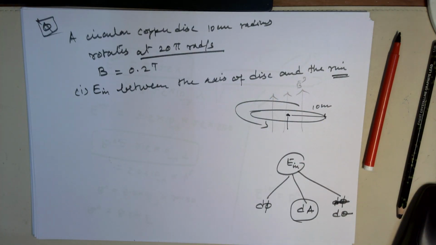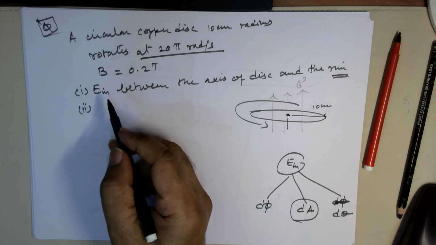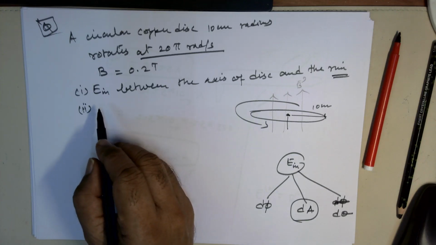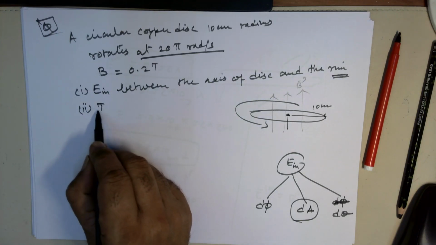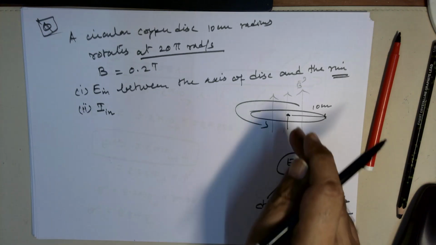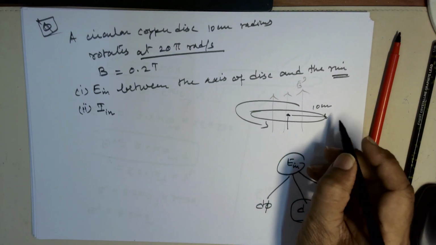Now, second question: what is the induced current? They are talking about the induced current, I_IN. What is the induced current in the circuit whose terminals are connected between the center of the disk and a point on the ring?